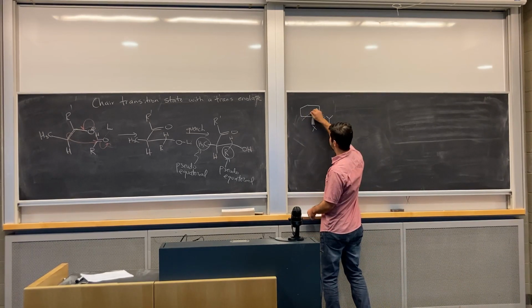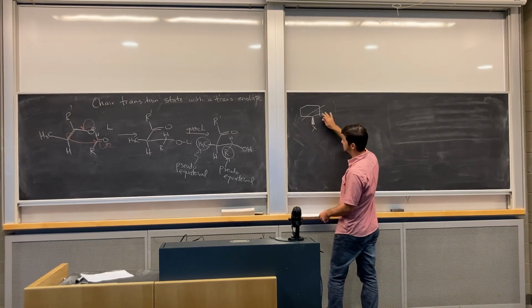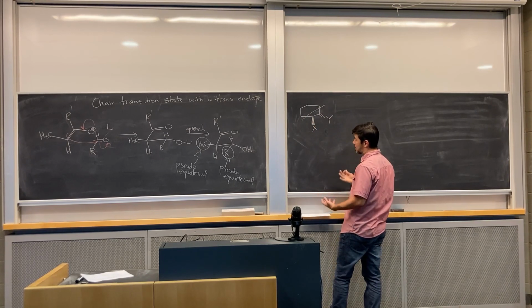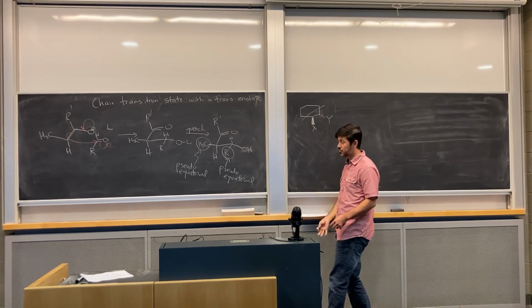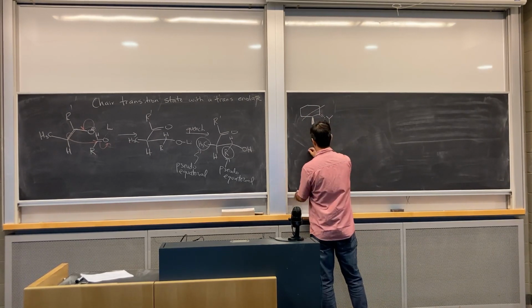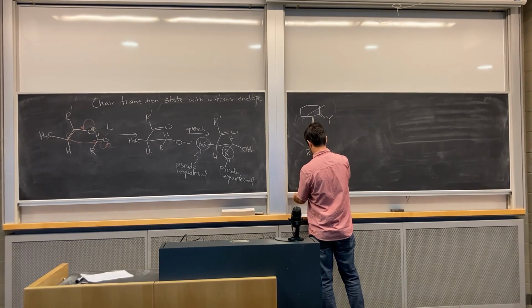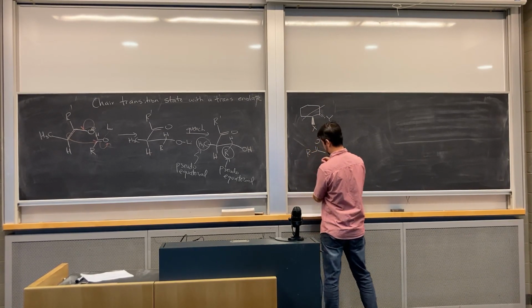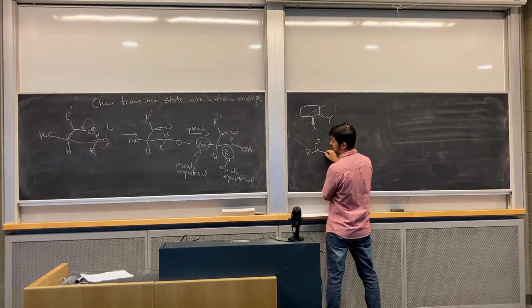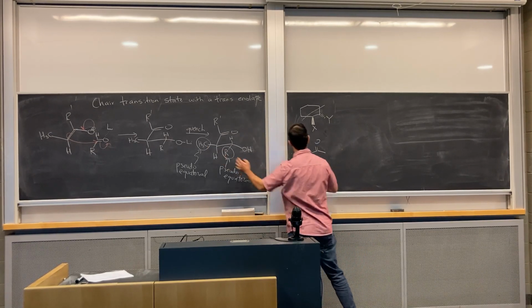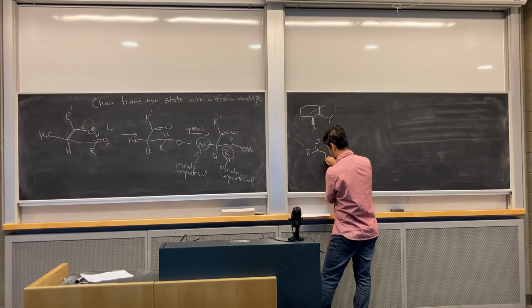And again, we're going to be kind of focusing on this area here to help us draw what that aldol product will look like. All right, so let's start drawing it. So this is equatorial, so this group is going to come down like this.